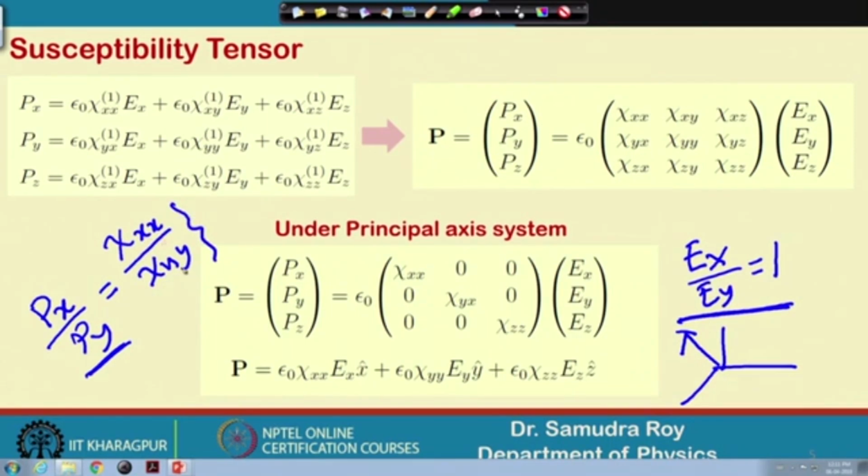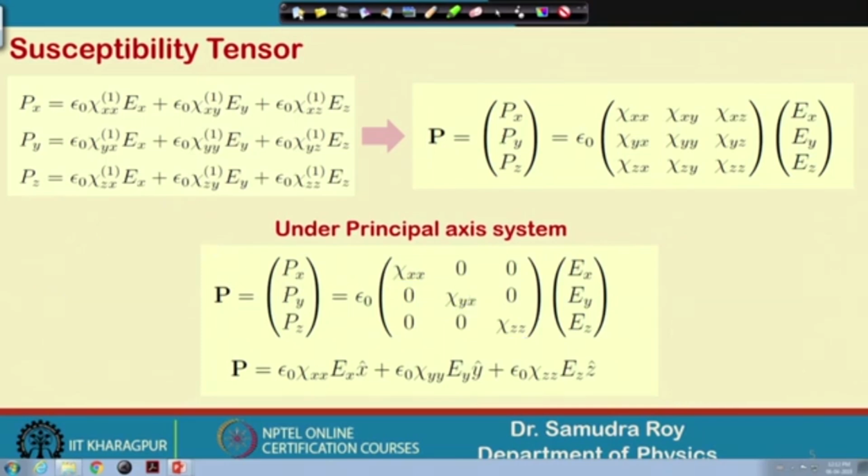If chi xx is equal to chi yy, then you can say that P and E are in the same direction, because the Px and Py ratio is 1. But this ratio is normally not the same. In an anisotropic system, these values chi xx, chi yy, and chi zz are not the same, they are different. Since they are different, the angle between these two is different.